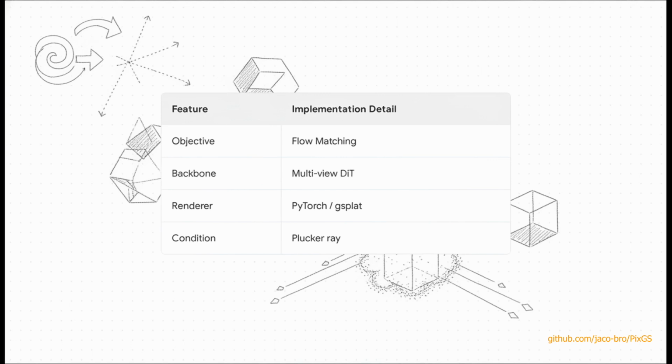Under the hood, the architecture uses a flow matching objective paired with a multi-view diffusion transformer, or DiT, backbone. For the rendering engine, the repo generously provides a pure PyTorch differentiable Gaussian Splat renderer, but, and this is a great addition, it also includes an optional backend for the popular CUDA gsplat library. Add in Plucker ray conditioning for spatial awareness, and you've got a highly sophisticated yet surprisingly compact setup.